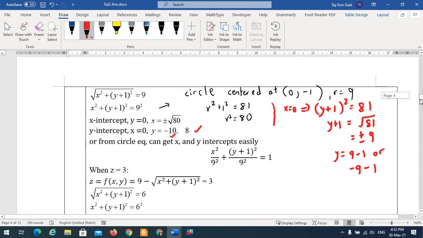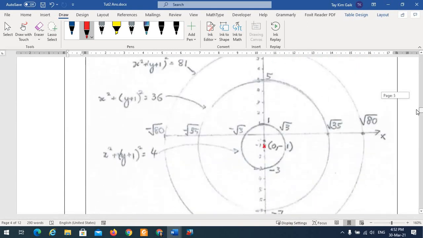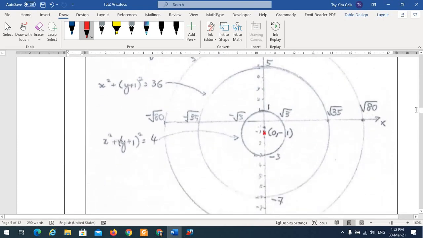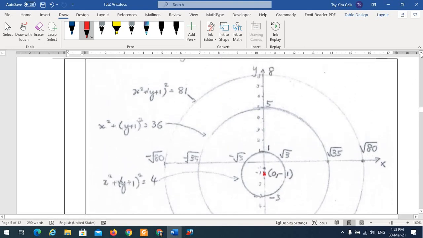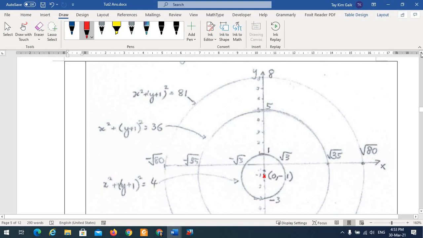The radius is 9. So from negative 1 go up here, this is 1 unit, so total is 9, the radius is 9 units, that's why your y-intercept is 8. So 8 units plus here 1 unit, so total the radius here is 9 units.